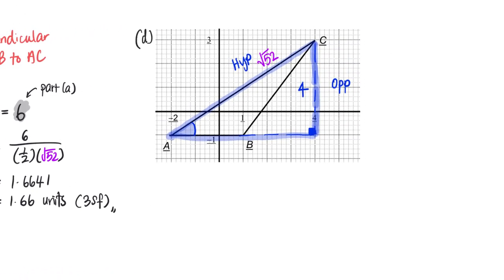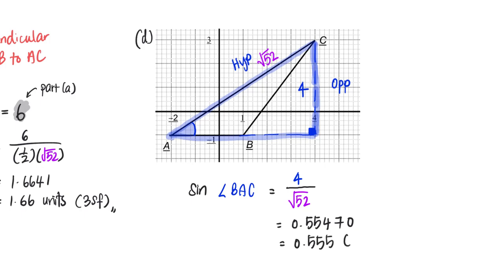So for part D, sine of angle BAC equals to opposite 4 over my hypo, square root 52. And this will be equals to 0.5547 to 5 significant figures, followed by 3 significant figures.